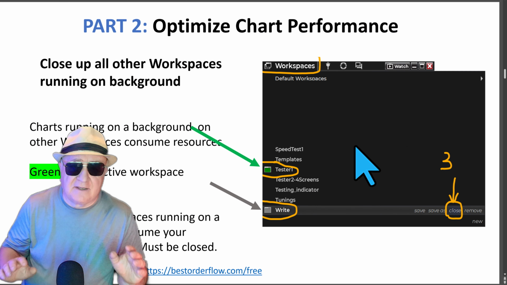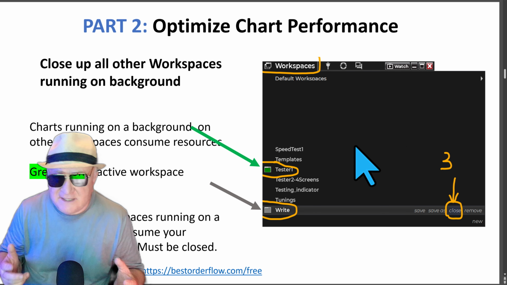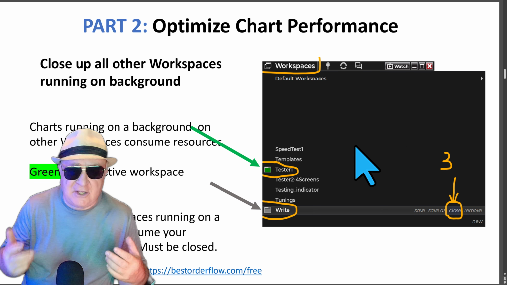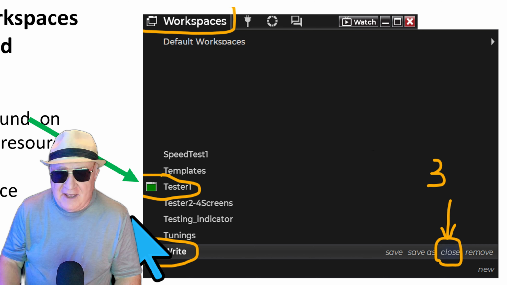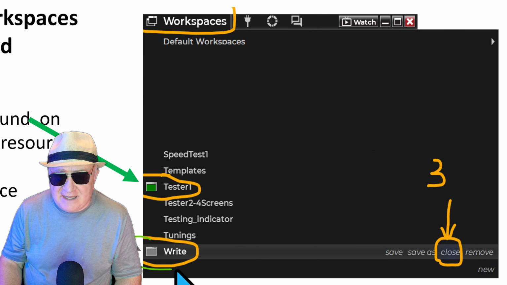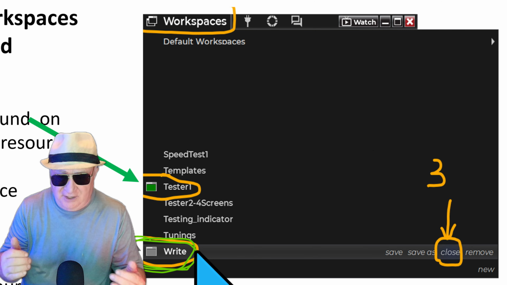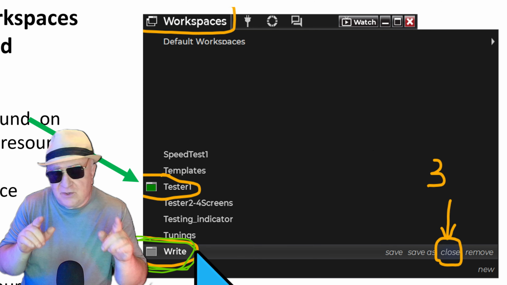Now, it's interesting that while we work on our Ninja platform, we create a bunch of charts and we may have a few different workspaces. By the way, you see this green workspace that is not active, but it's still running in the background. It does consume energy, or attention, what tasks to send to your CPU.